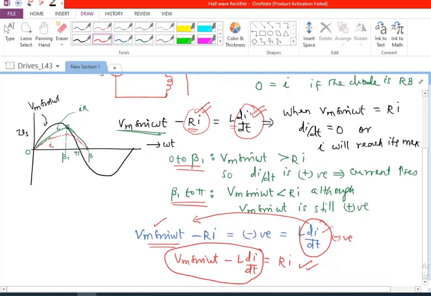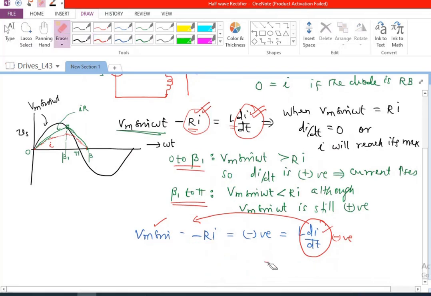Now from pi to beta. If I try to look at from pi to beta, you can see that the voltage is negative. The voltage has started becoming negative. But still the current is continuing because the inductance is still returning the stored energy.